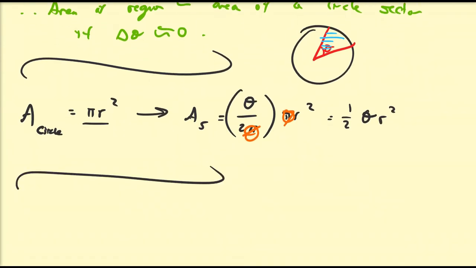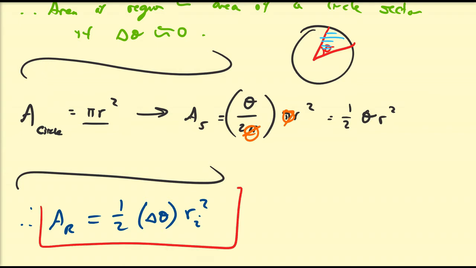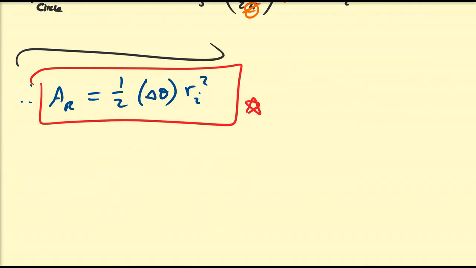So if we go back to our approximation for our region, then the area of our region is going to be approximately equal to 1/2 times delta theta times r_i, the quantity squared, right? And this is what we're going to be working with. So, of course, this is just one of the regions, right?